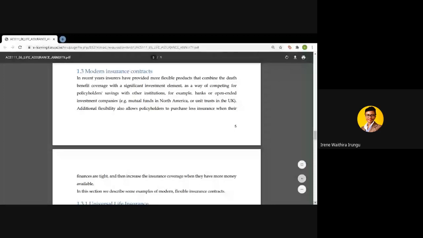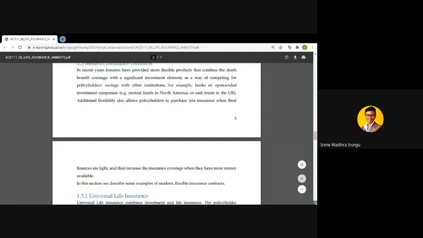So these modern types of contracts come in to offer flexibility in the products, so that they combine both the death benefit coverage as well as the savings or investment element. The investment element is really key in these modern types of contracts.